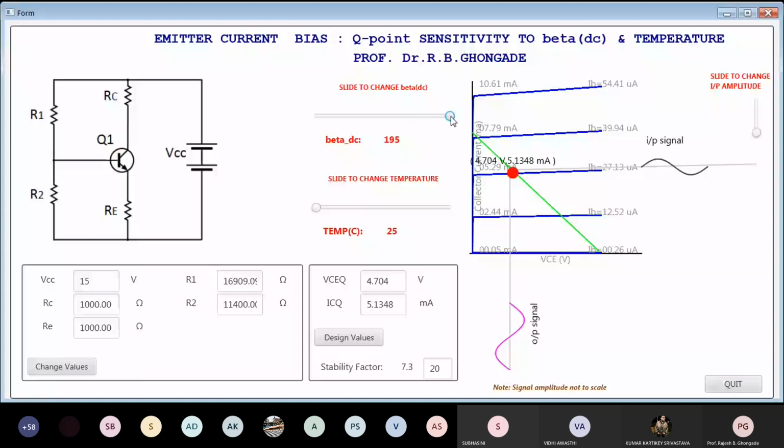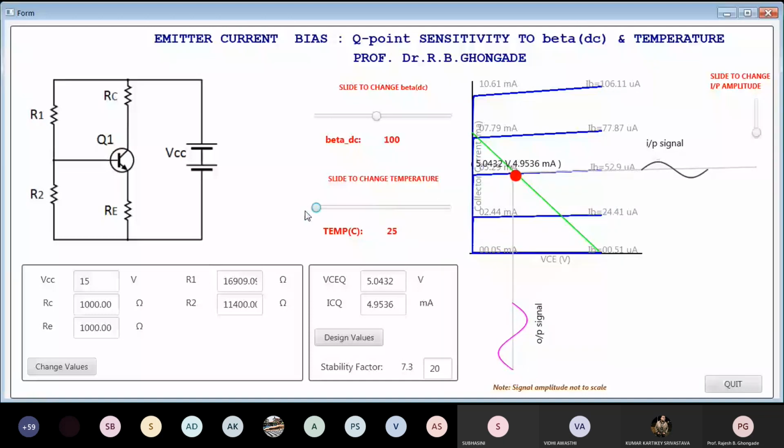Remember, this is 200. I'm stretching it to 200. So the variation is way too less as compared to the other two types of circuits. Again, for temperature, it is very small. This is a very good circuit.